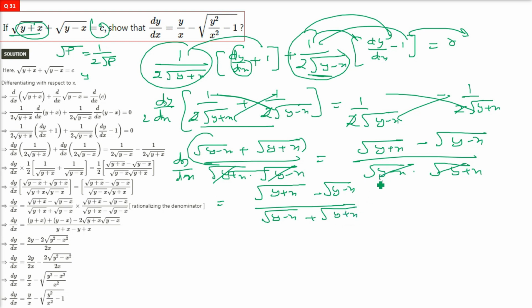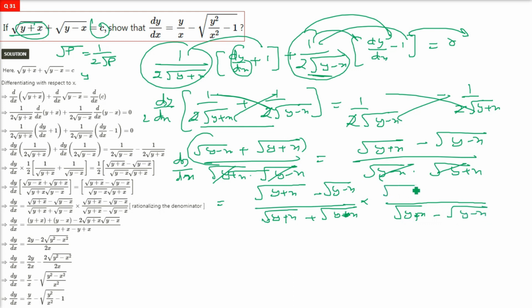So we will rationalize it now. What is rationalization? We always want the denominator to get resolved. Since we have y plus x in the y plus x here, we can just change the position because when it is plus, it doesn't matter. So we can just write it here as under root y plus x minus under root y minus x.